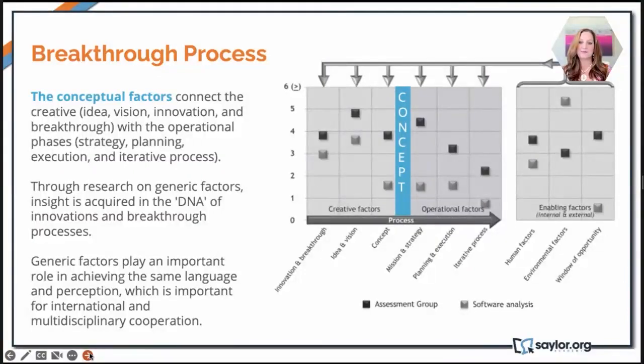And through research on these factors, they acquired insight into how these factors become part of the DNA in innovations and breakthrough processes. So these generic factors play an important role in achieving the same language and perception, which is important in international and multidisciplinary cooperation.